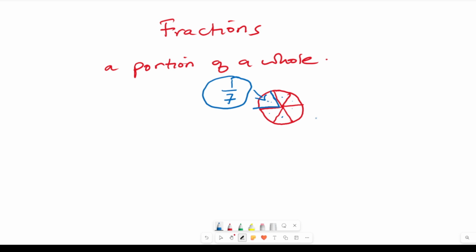Okay, part of a whole, but you can take that out. Maybe you have 7 people each wanting a piece of the pizza. Then we say, hang on, we have to be fair. If we have to be fair, then everyone gets 1/7. So we are 7. We are dividing the pizza into 7 equal parts, and everyone gets 1.